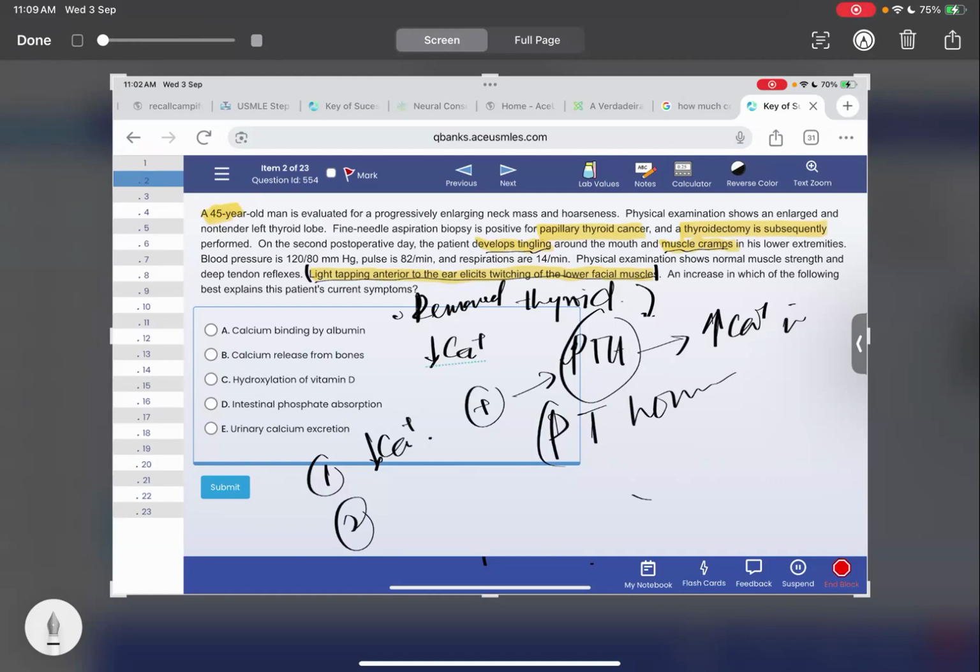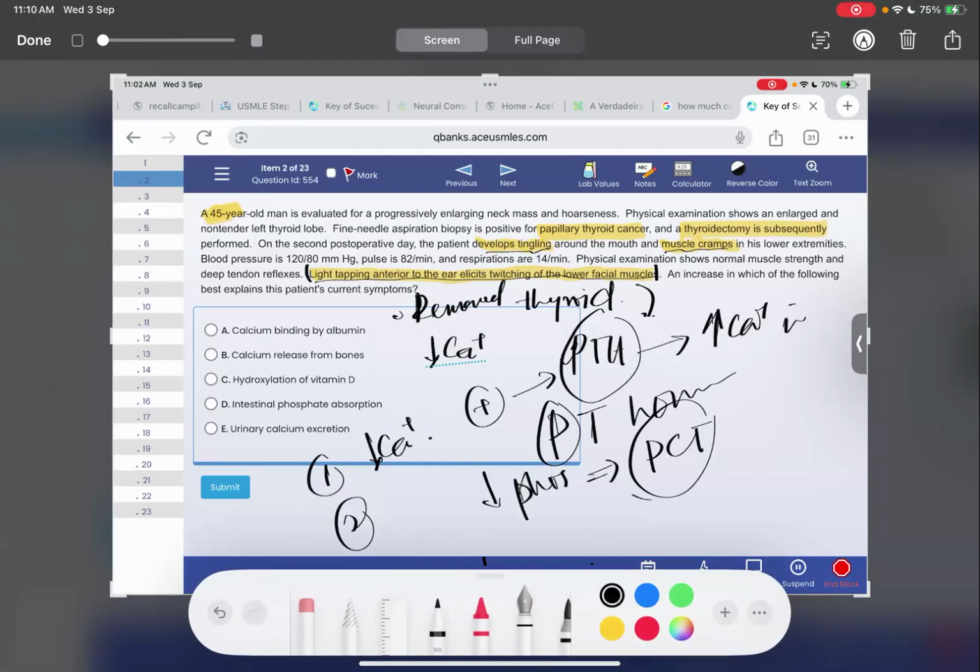So it will decrease phosphorus. How will it do it? It will remove it from serum. In the proximal convoluted tubule, phosphate is normally reabsorbed, so it will decrease the reabsorption of phosphate.